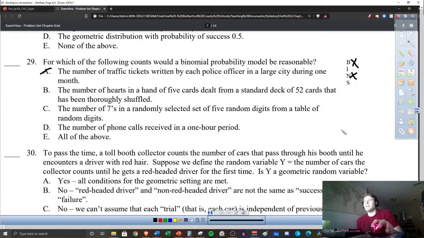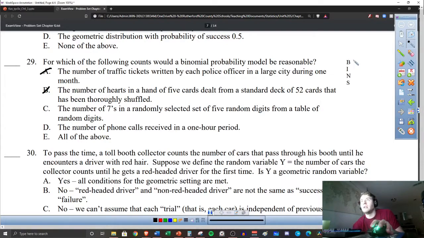You're drawing 5 cards, so that kind of sounds like, okay, 1, 2, 3, 4, 5. But if you're doing it that way, then it's no longer independent, right? The probability of getting a heart changes as you draw. So there's a lot of issues with B as far as independence and how it's being defined. Next, the number of 7s in a randomly selected set of 5 random digits from a table of random digits.